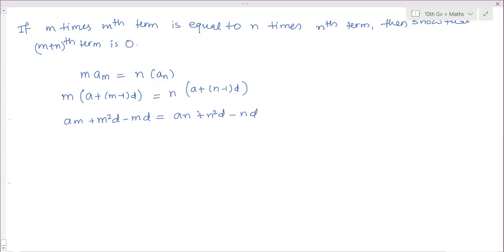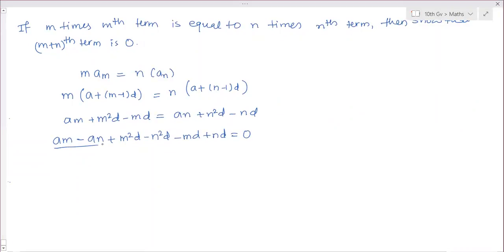Now take these terms on RHS to LHS, all of them, and write the like terms together. am minus an plus m square d minus n square d minus md plus nd is equal to 0. Got it?